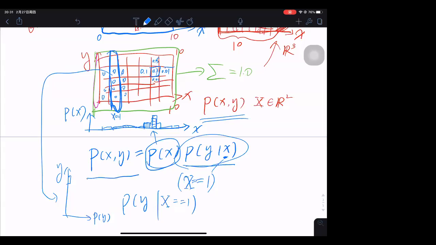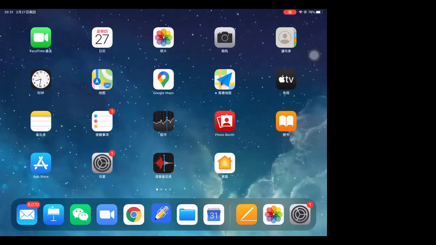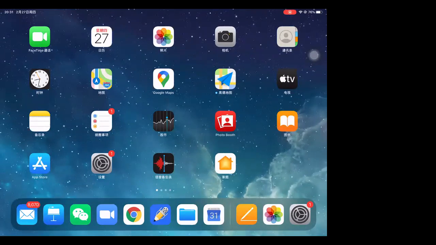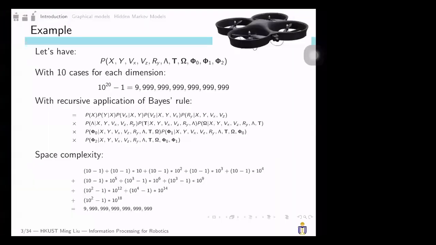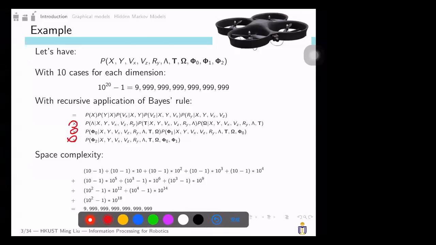Then the joint distribution is I need to multiply all these cases. And that's how you finally compute this joint distribution p(x, y). So that's related to many products like this one. You need to do a lot of products.